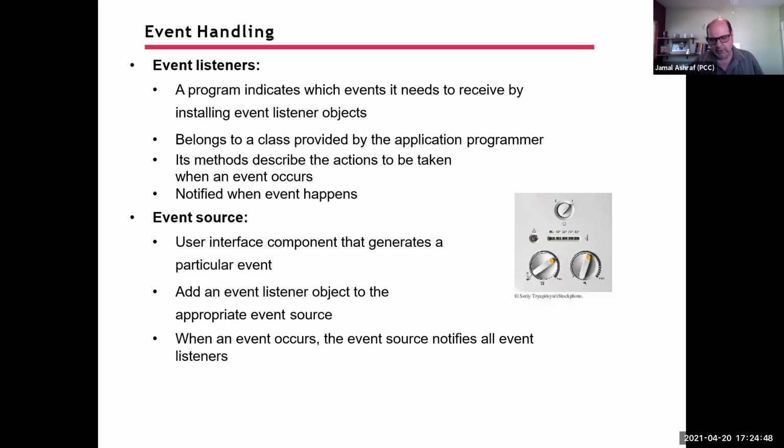The example the book has is about an air conditioning unit: if we change the temperature on the knob or on our app, then the air conditioning is going to blow cold or hot air and adjust to the level that we are asking.